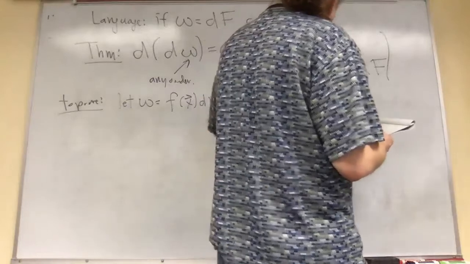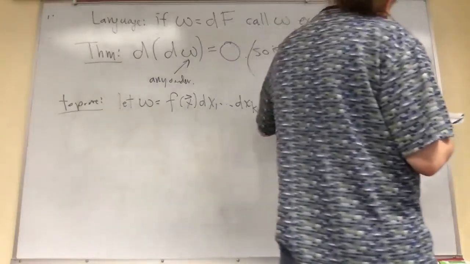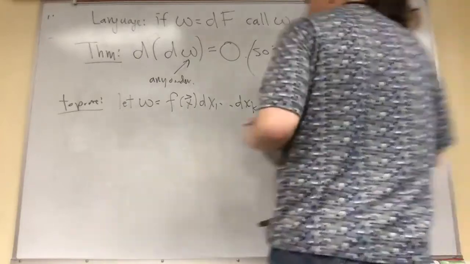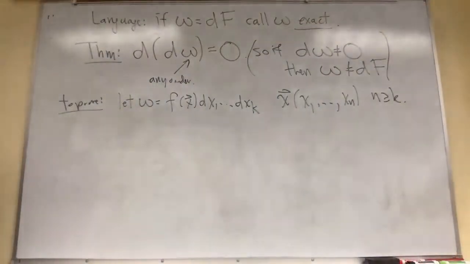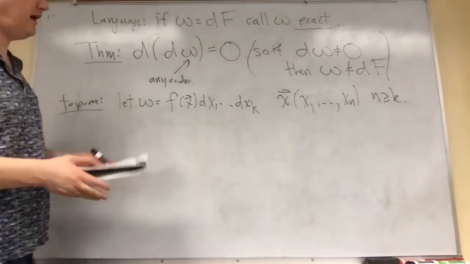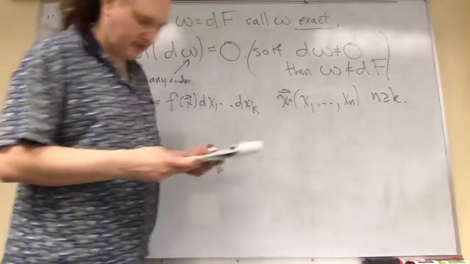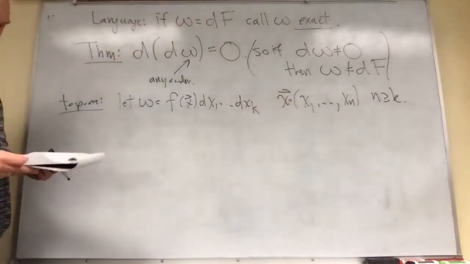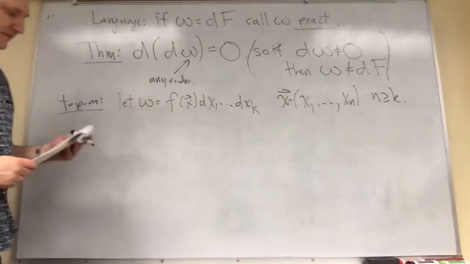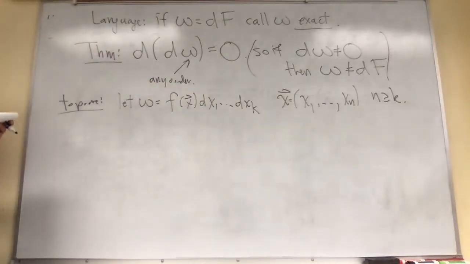And x will be some vector of dimension n. And n better be at least as big as k. Otherwise, it doesn't make sense to have so many variables in our form. All right.